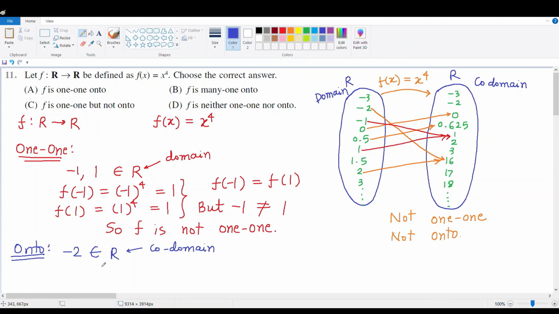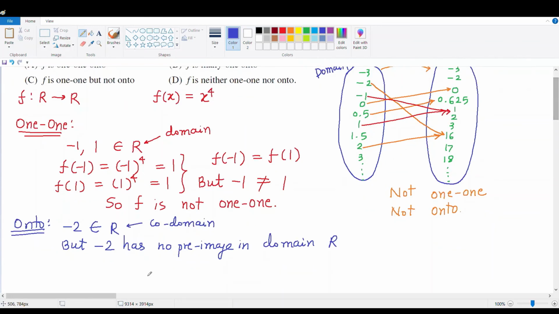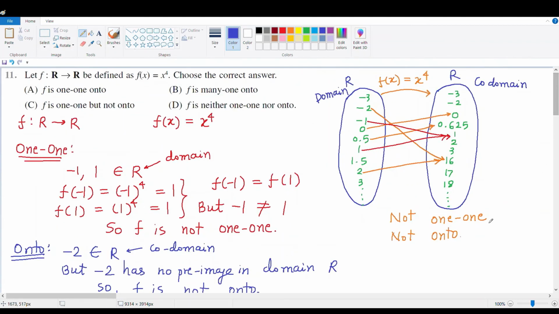So negative 2 belongs to R, but negative 2 has no pre-image in domain R. So f is not onto.